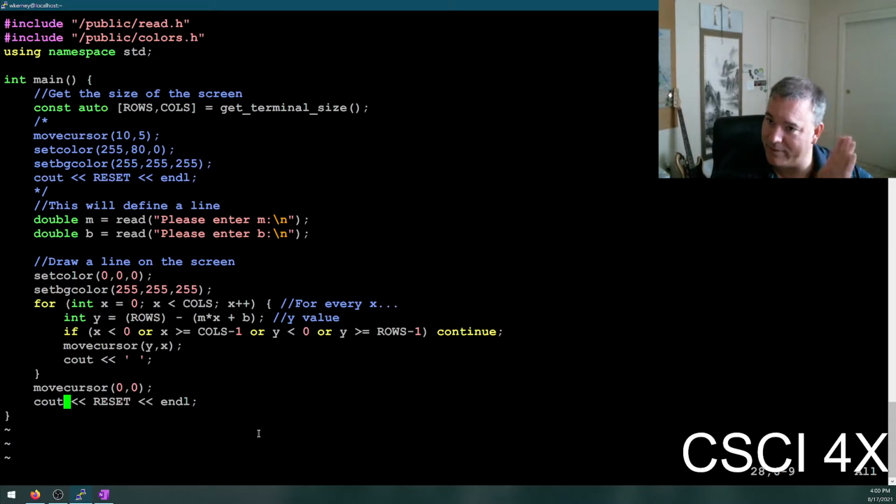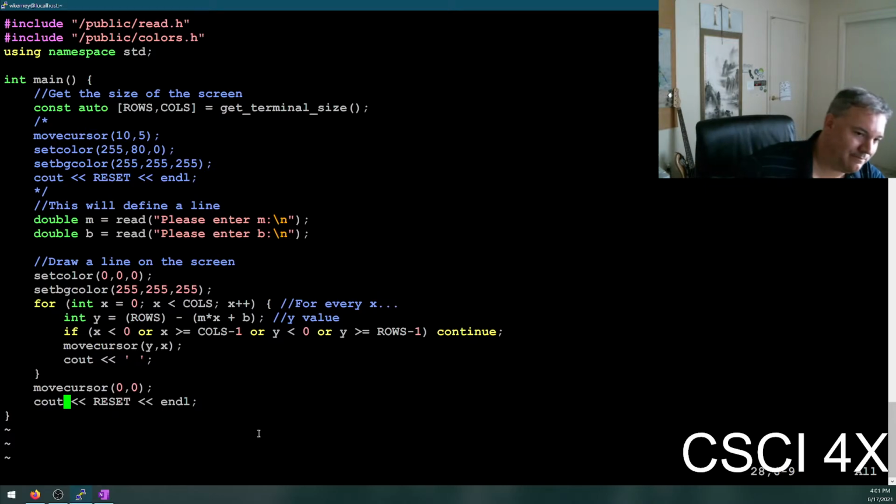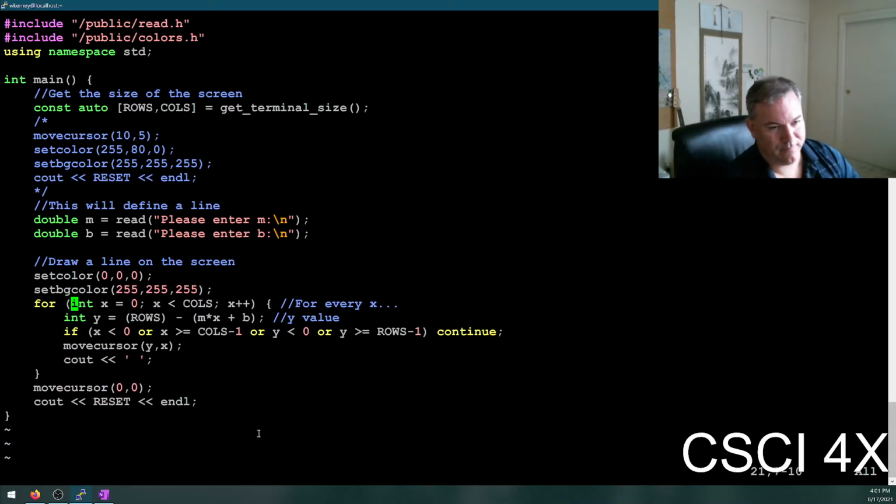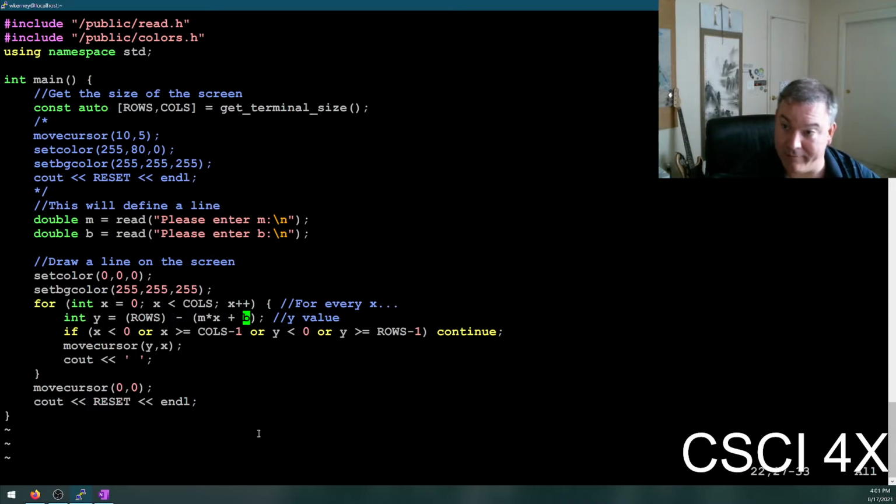Start at the left side of the screen, go to the right side of the screen. And then this is the algebraic equation for a line: slope times x plus the y-intercept.